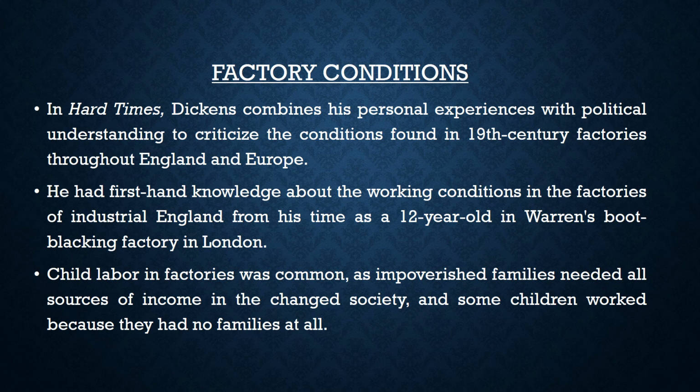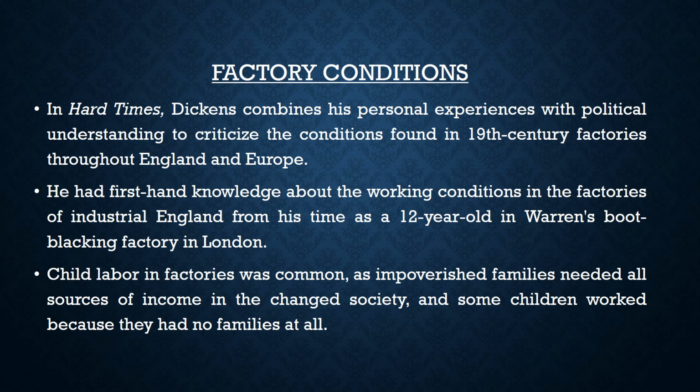There were many children who had to work to earn their livelihood because they were part of those poor, impoverished families who needed sources of income in that changed society. And so they used to send their children to work as labor in factories. So we can see that there were children who, despite having their own family, had to work in factories for their income.